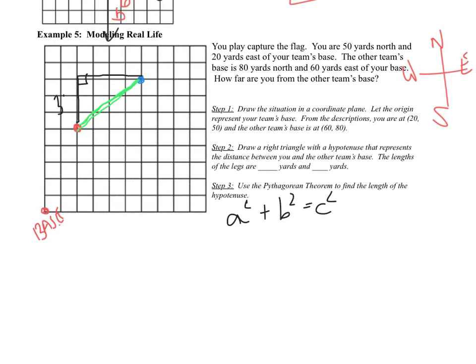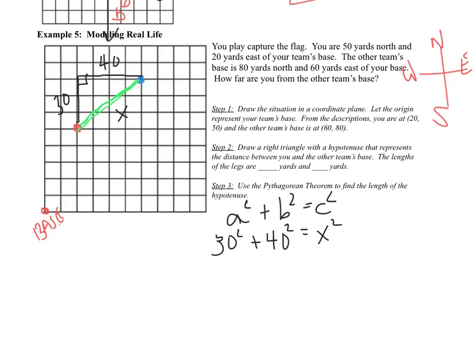We came up 30, we went east 40 to get to their base, and it's created this distance that we're looking for. So in the right triangle, my A is one of the sides, my B is the other side, and the hypotenuse, which this time we're calling x, is that longest side, and that's the answer we're looking for.